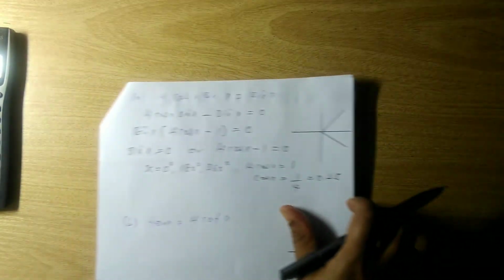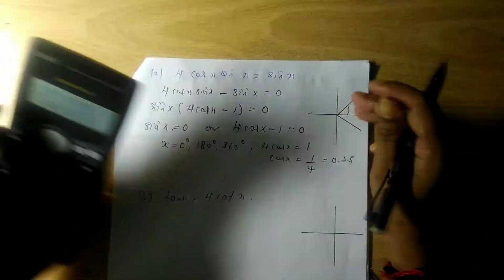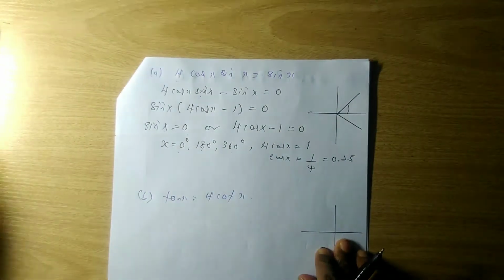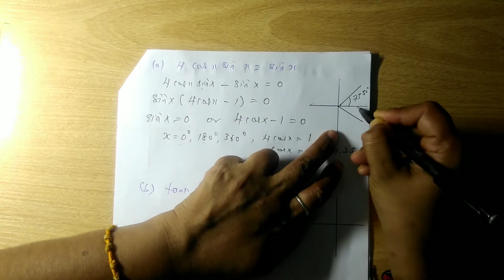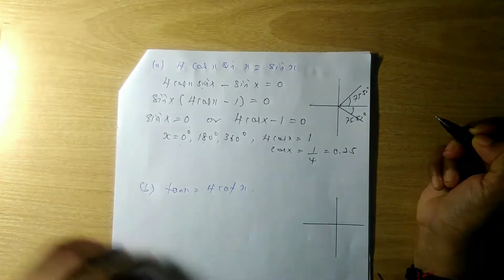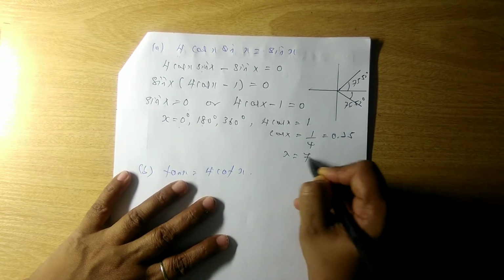Okay, so you have two angles, one in the first quadrant. So the angle that we got is actually 75.52 degrees. So this is also 75.52 degrees. Okay, so my first angle is 75.52.